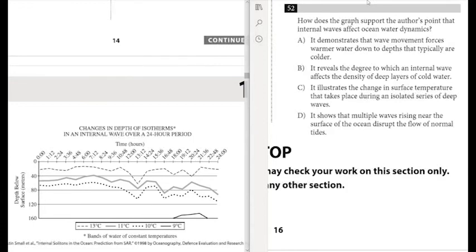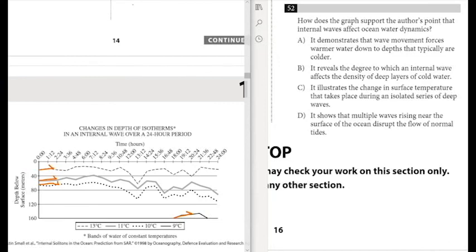Question 52. How does the graph support the author's point that internal waves affect ocean water dynamics? Well, the thing that I'm noticing when I look at this graph is that, for instance, we have the 13 degrees Celsius here, then we have 11 degrees Celsius, 10 degrees Celsius, and 9 degrees. So we're getting colder as we're getting deeper, which makes logical sense.